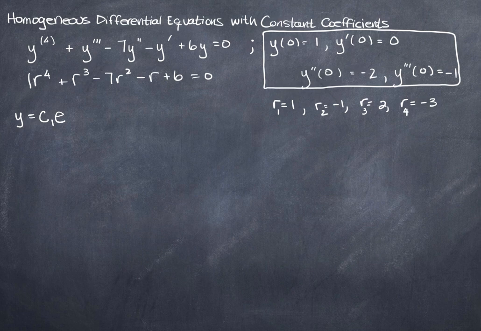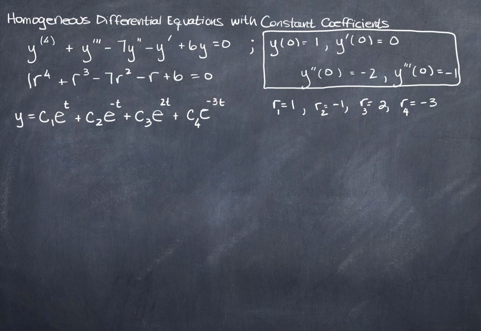So e to the power of r1t, r1 is 1, plus c2 times e to the r2, that's -1, so I'm going to get negative t for my power. c3 times e to the power of r3 times t, and c4 e to the power of r4 times t.